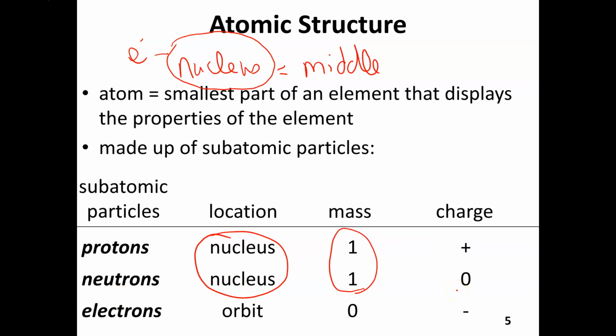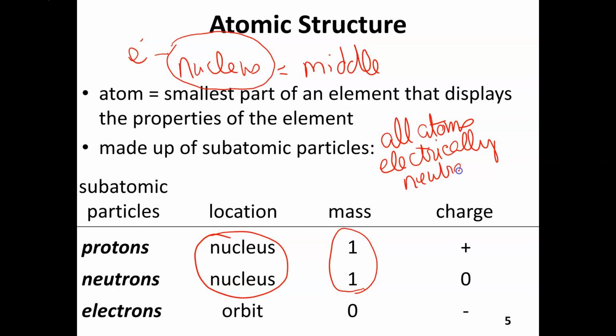And neutrons have no charge. So all atoms are considered electrically neutral, because the number of protons and the number of electrons always equal each other.